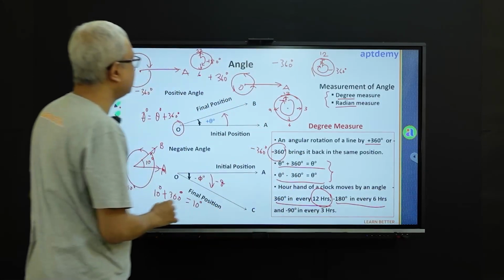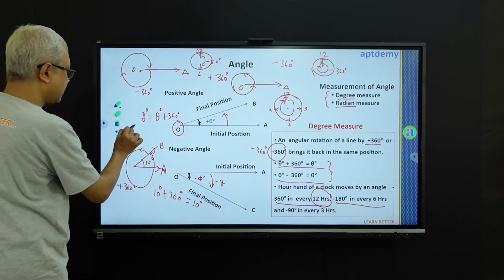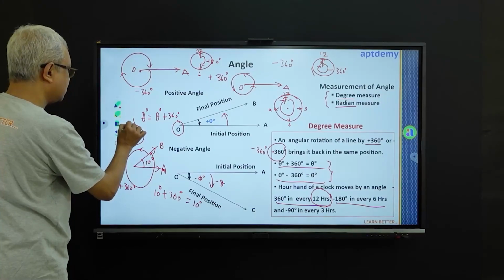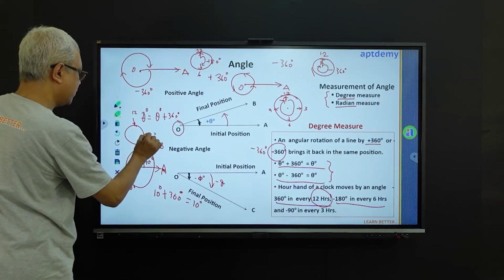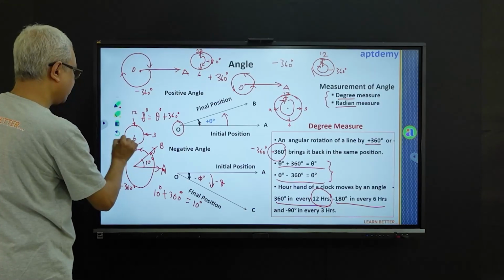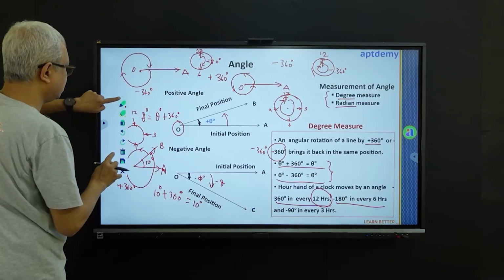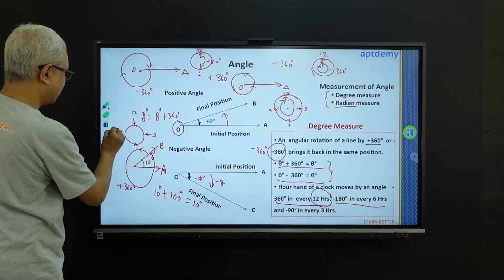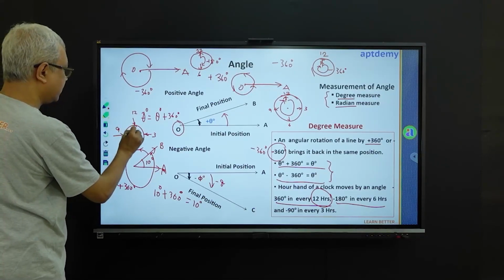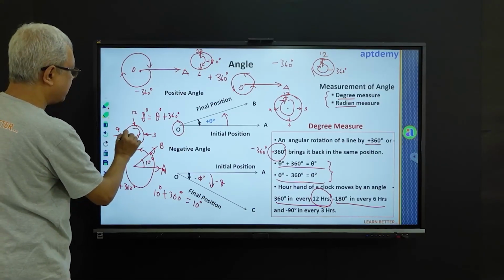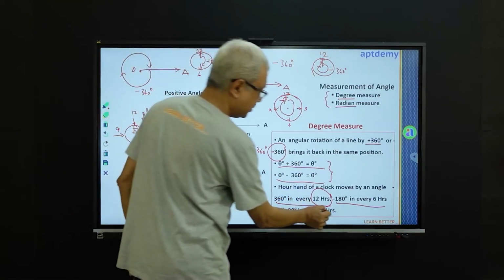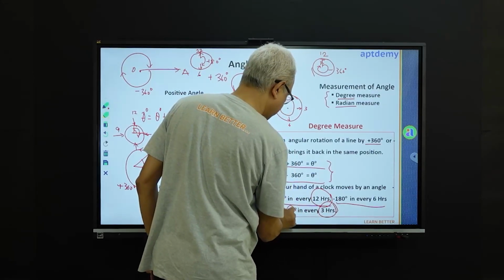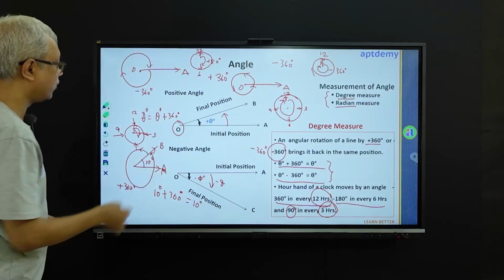And definitely it reaches, this is 12, this is the 3 position, this is 6 and this is the 9 position, and it rotates by negative 90 degrees in 3 hours' time, because it is in the clockwise direction.